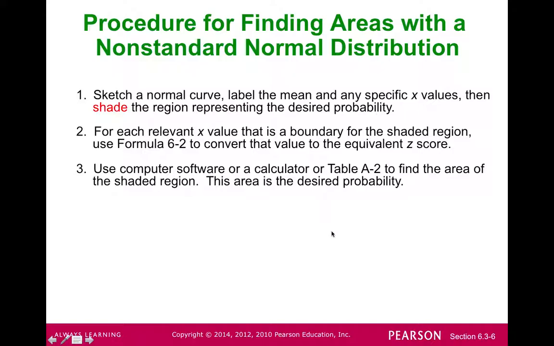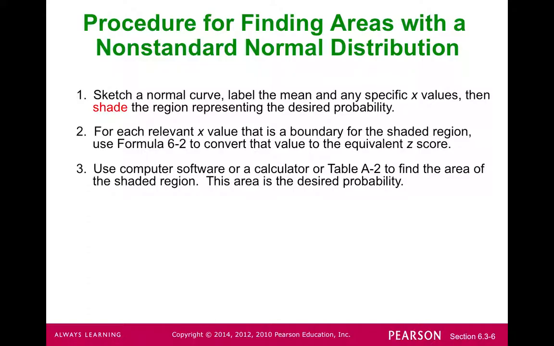So the procedure for finding areas with the non-standard normal distribution. Just like we did before, we're going to sketch a normal curve. We're going to label the mean and any specific x values or z values. And then we're going to shade the region representing the probability that we're looking for, whether it's to the left or to the right.